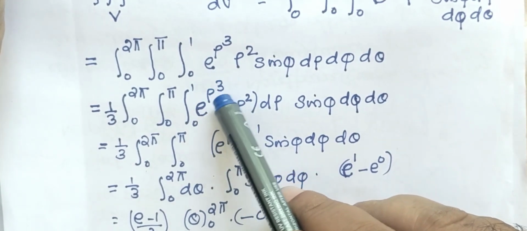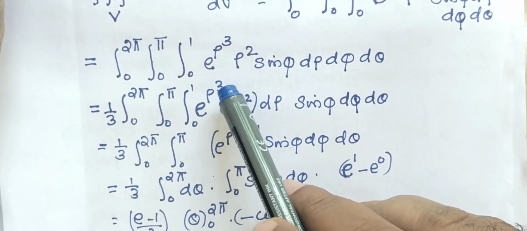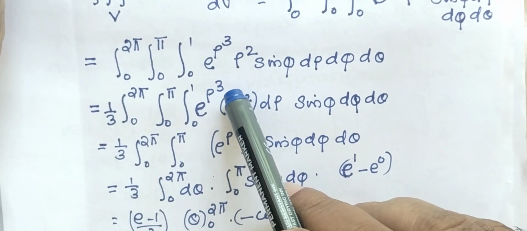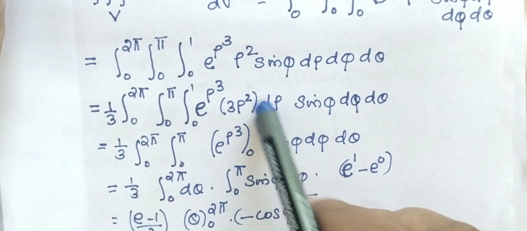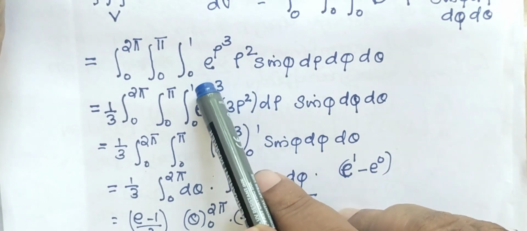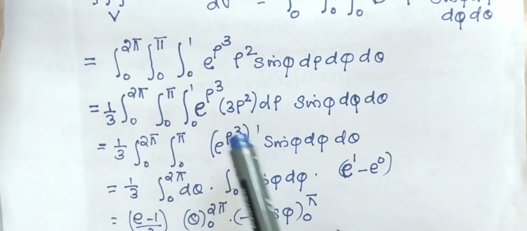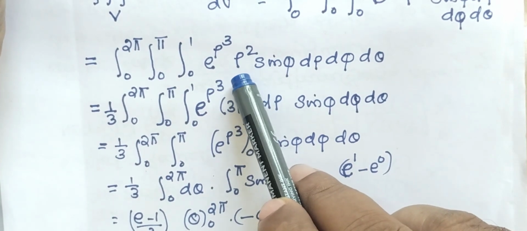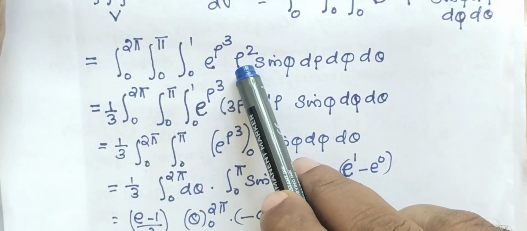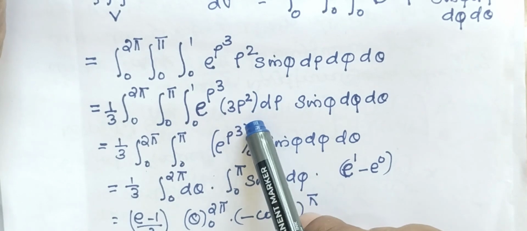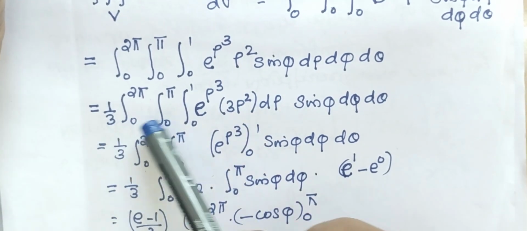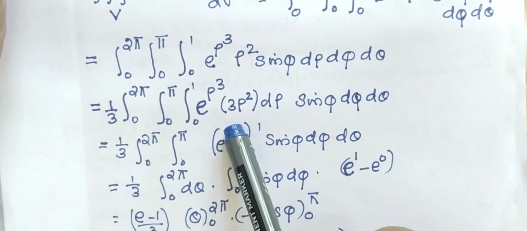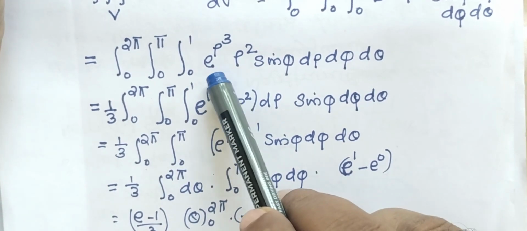We can use the e power formula only if it has the derivative term. What is the derivative of rho cube? The derivative of rho cube is equal to 3 rho square. But in our question this term contains only rho square. So we multiply and divide by 3. Then what is the answer? e raised to rho cube.